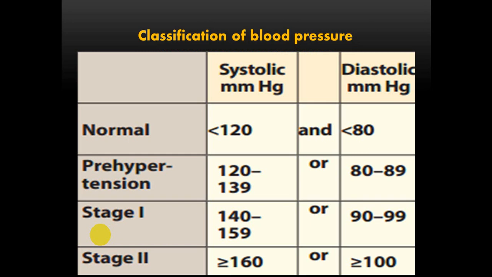And we consider the patient stage 2 hypertension when the systolic is more than or equal to 160 and the diastolic more than or equal to 100. This is considered stage 2 hypertension. So we have to know the normal blood pressure and the patient who is pre-hypertensive, those with stage 1 hypertension, and those with stage 2 hypertension, which is considered the severe one.